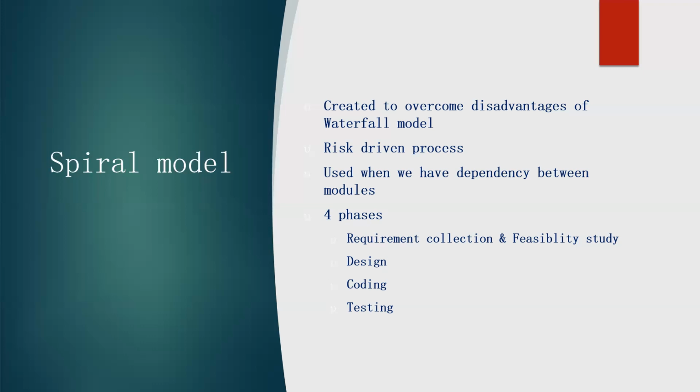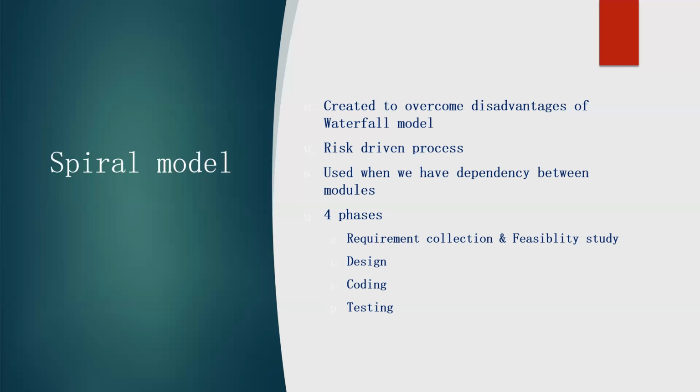The spiral model is really effective when an application is not going to be a single module. We are going to have multiple modules, and these modules are going to be dependent on each other.